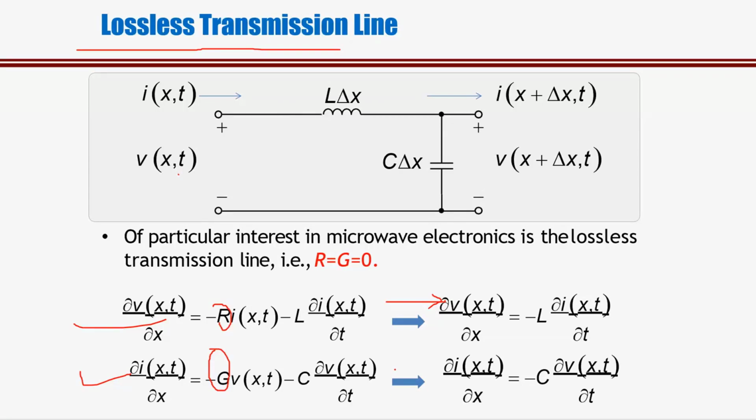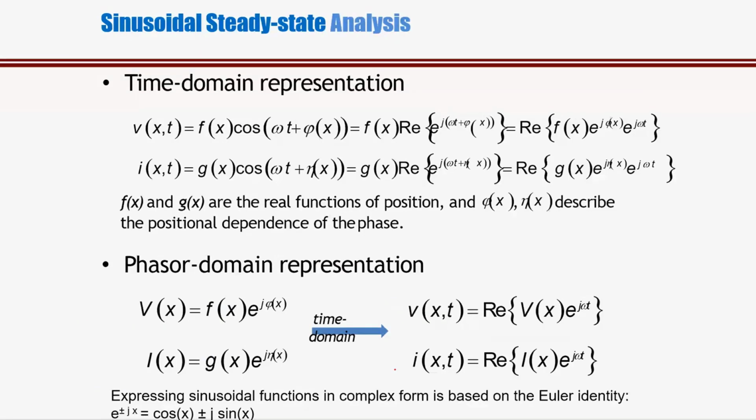Right. So we can represent this equation in different domains like time domain or phasor domain. If I consider V(x,t) as a function of some phase phi, then I can represent it in the time domain. V(x,t) is equal to some function f of x cos of omega t plus phi x, which is equal to the real part of f of x, and we can represent this cos of omega t plus phi x in terms of e.